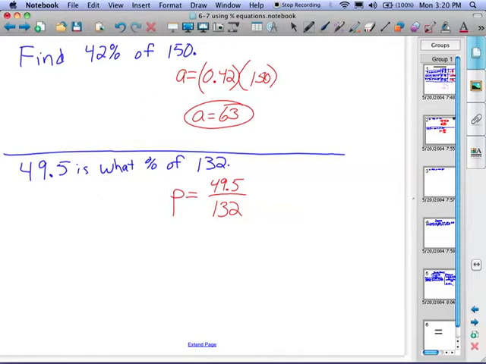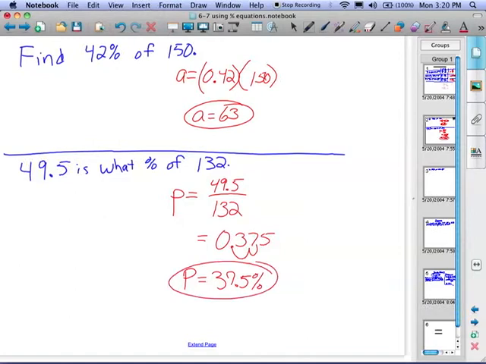And when I type into a calculator 49.5 divided by 132, I get p equals 0.375. That's a decimal. It's not a percent. This one requires a little bit of work, so we'll move the decimal point over 2 spaces. And we find that p is 37.5%.